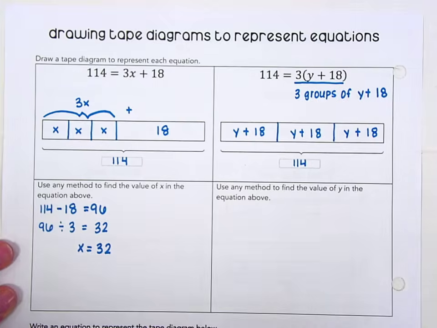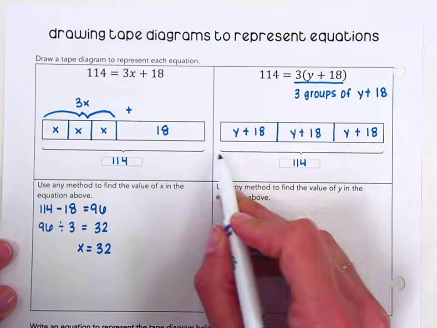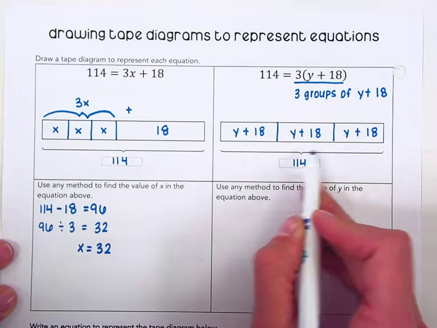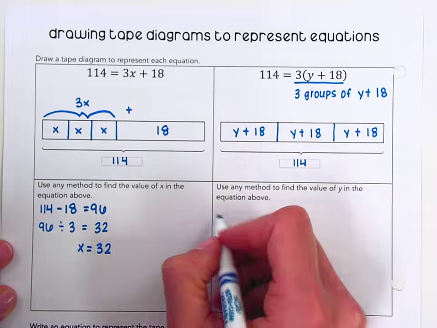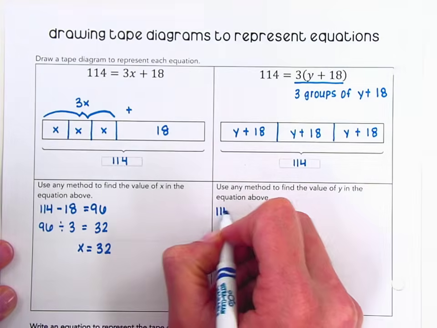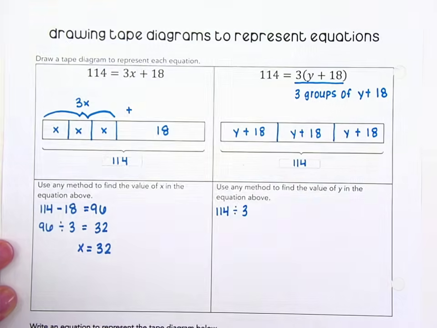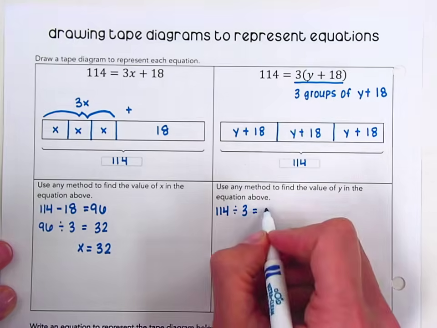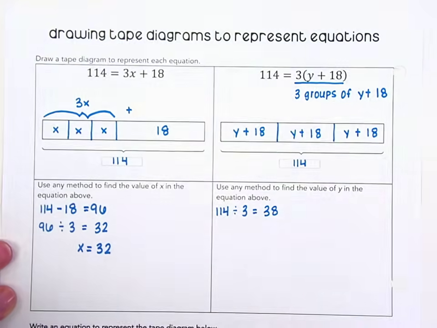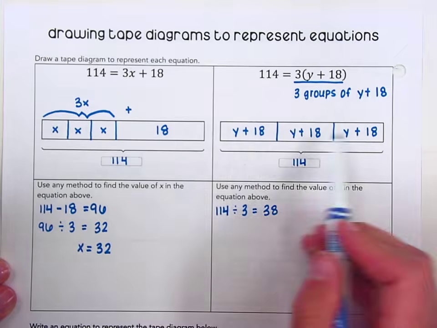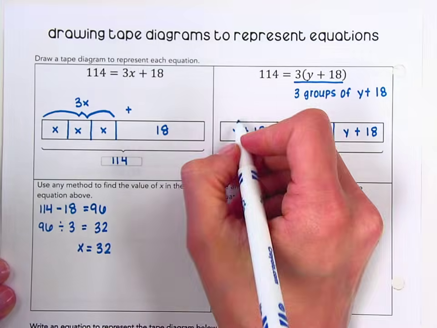The first one that I'm going to look at is, since I know this whole tape diagram represents 114, I know that it's split into 3 groups, so I can divide by 3. 114 divided by 3 is 38. This tells me that each of these groups is 38.